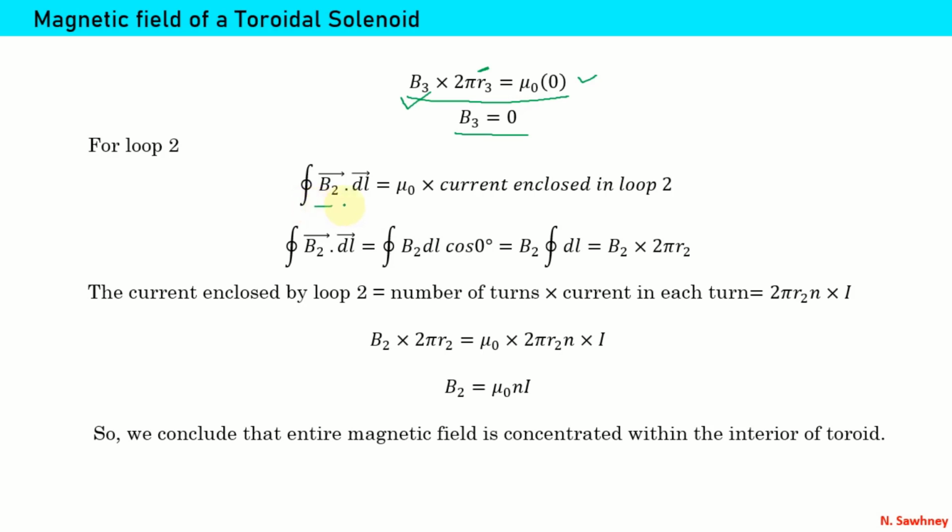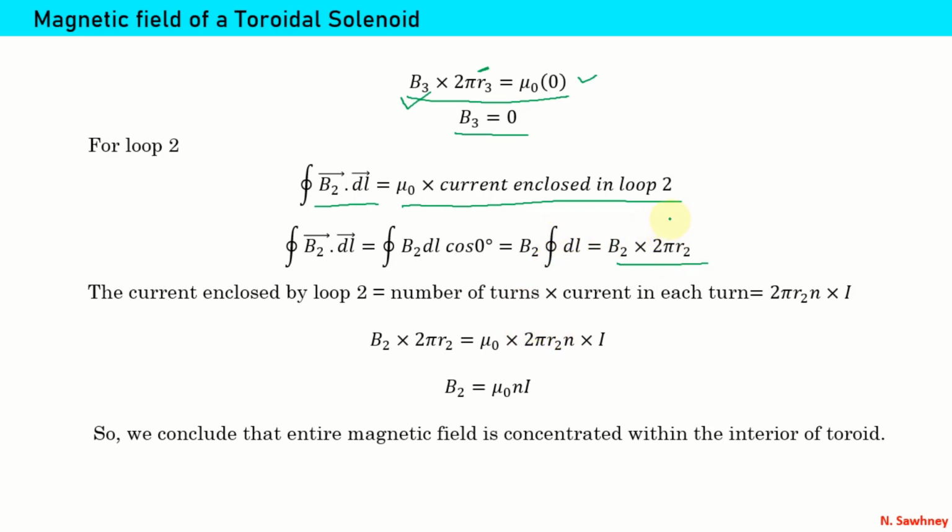Now see for loop 2. The line integral of B2 dot dl is equal to mu naught into the current enclosed in loop 2, by Ampere's circuital law. The left side can be written as B2 into 2 pi R2, exactly in the same way as we have done for loop 1 and loop 3.